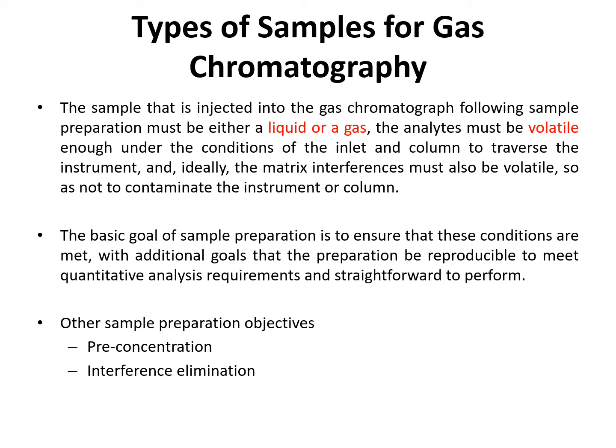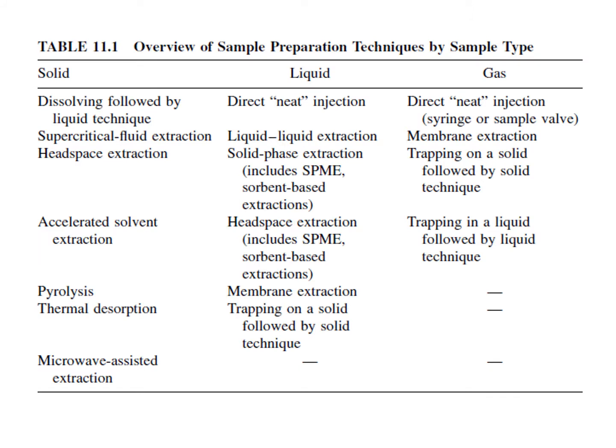Okay, class, let's move on to the overview of sample preparation techniques by sample type. For example, for solids, dissolving followed by the liquid techniques. There are also supercritical fluid extraction, headspace extraction, accelerated solvent extraction, pyrolysis, thermal desorption, and microwave assisted digestion, usually for metals.